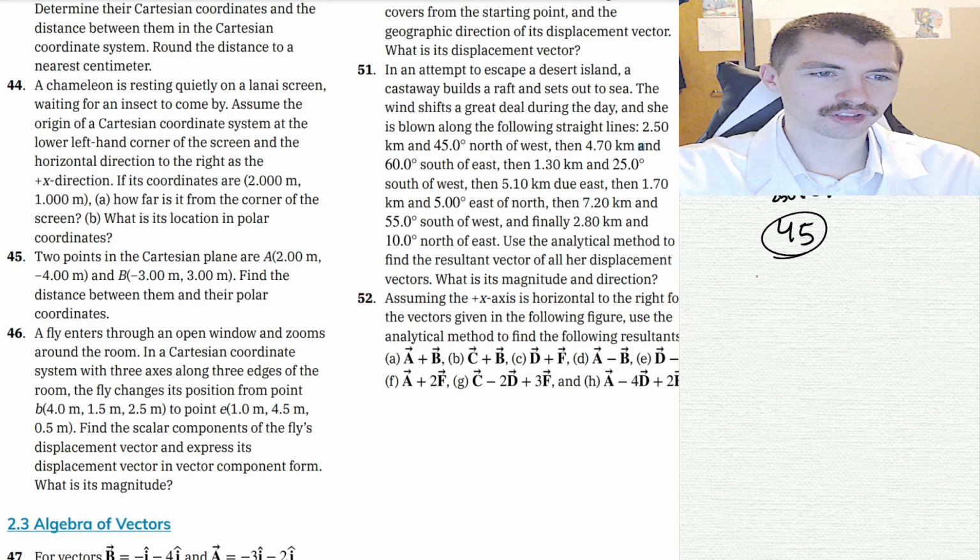Problem 45, two points in the Cartesian plane. We have these two points, let's say x1, A1, AX.